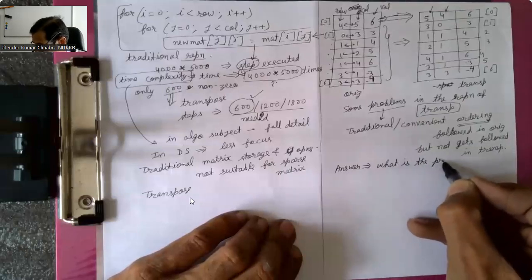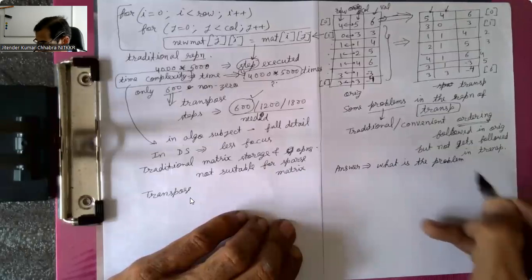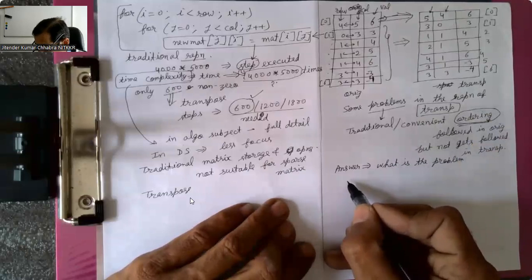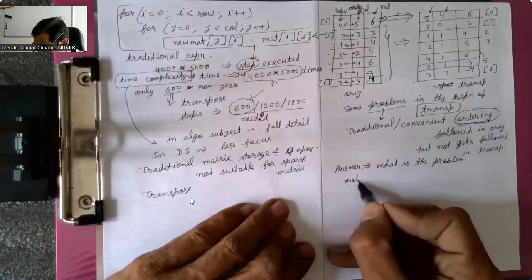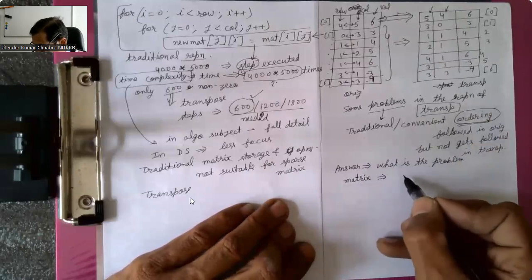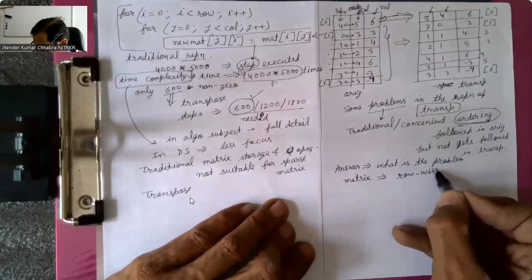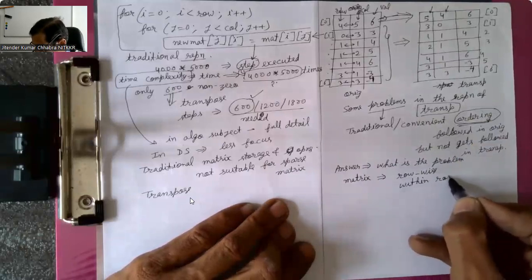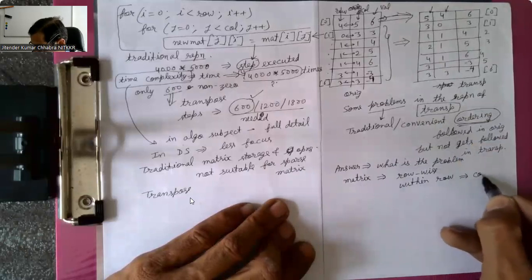So let me now resume. The problem is, we always store a matrix, normally mathematically and in programming also, row wise. And within a row, of course, column wise.